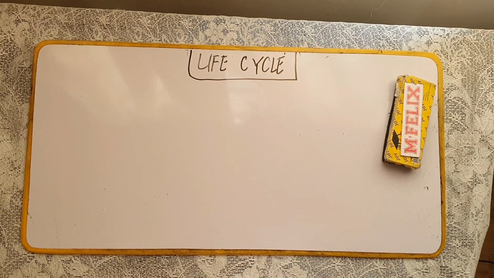For the remaining topics of your Metagonimus yokogawai, reading assignment nyo na lang yun. Now, for the life cycle of this parasite, the adult worm inhabits the small intestine of the definitive host. Ganun din kay Metagonimus yokogawai.